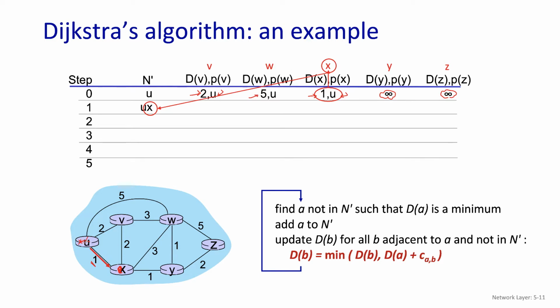So the cost to get from U to V through X is 3, right? Because here is 1 and here is 2. So now we know the cost from U to V through X is 3. But I already have 2 here, so I don't need to go through this, right?